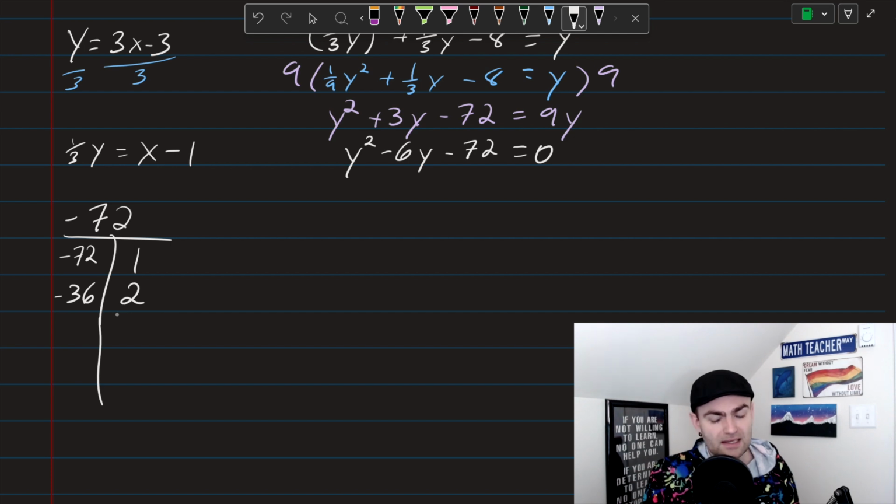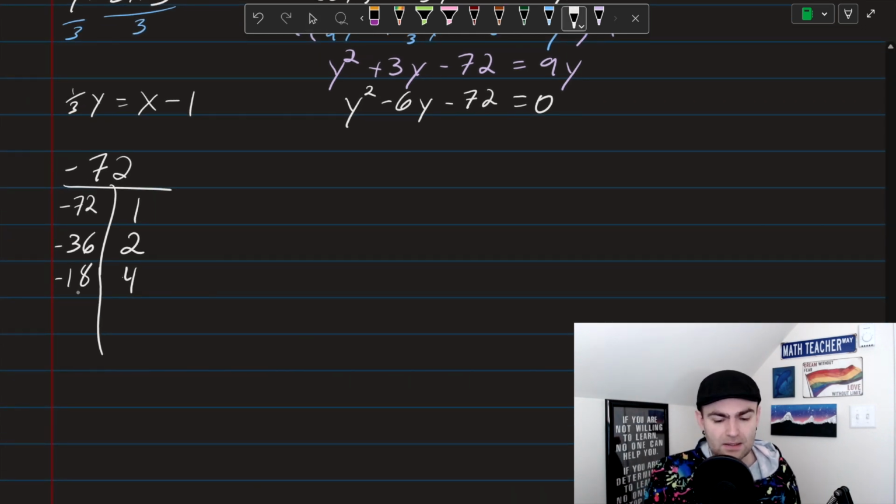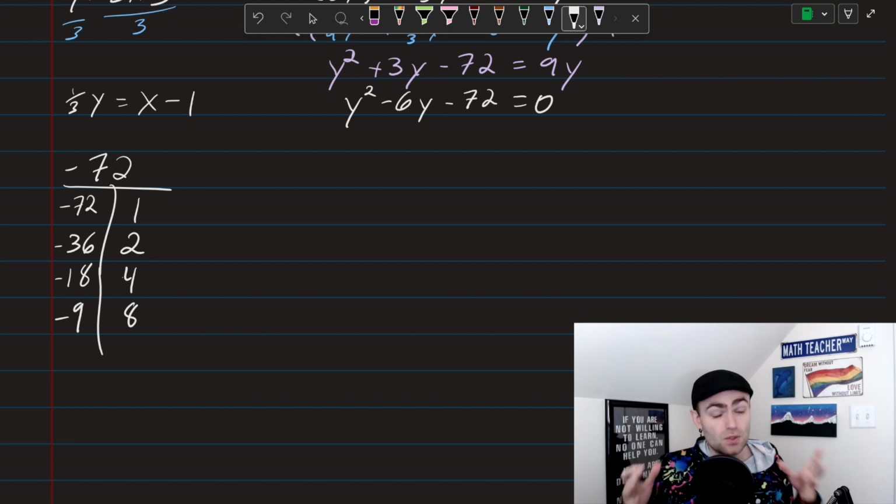I feel like I could take another 2 away, so that would be 4. And then this divided by 2 would be negative 18. That is still too far away. What if I take another 2? So I could have 8, and that would be negative 9. That's too close now. So what if I take a 3 instead?